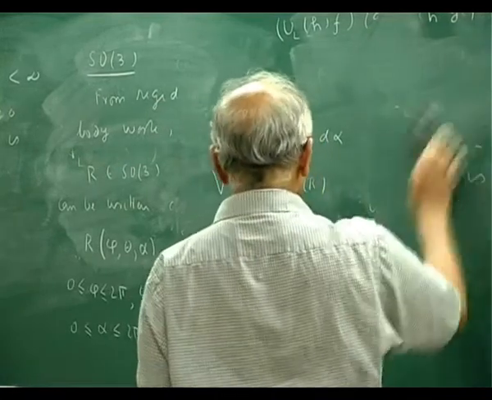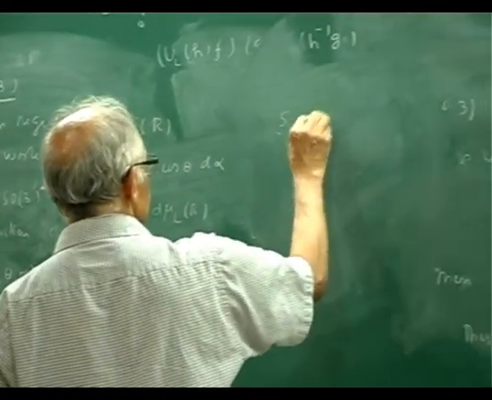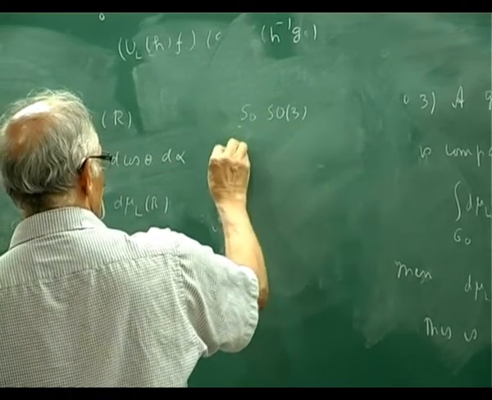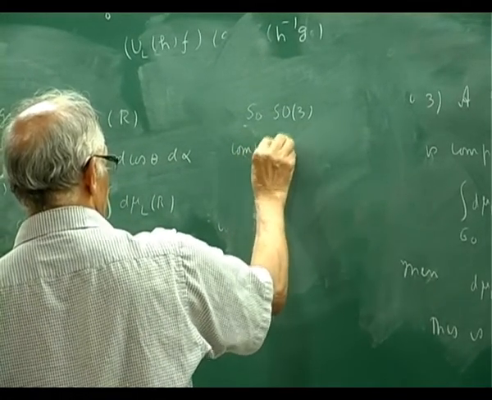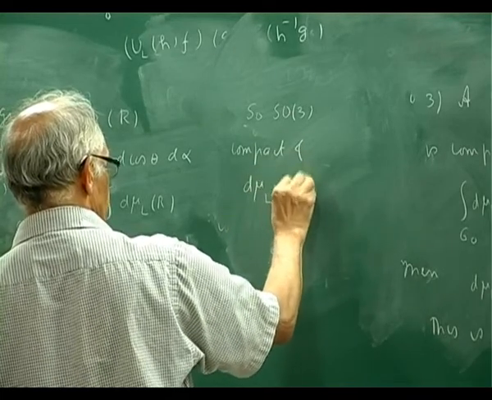So SO(3) is compact. And d mu L is equal to d mu R.